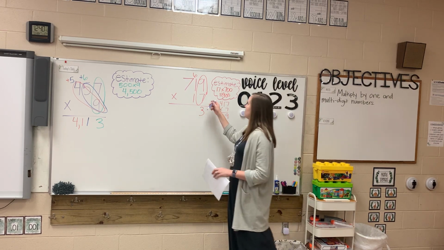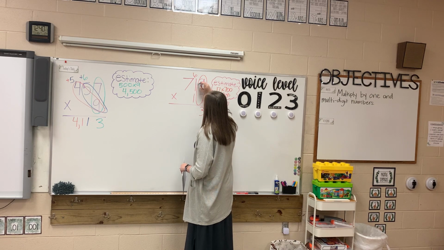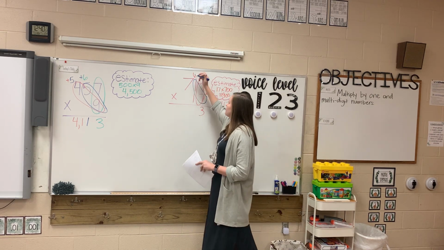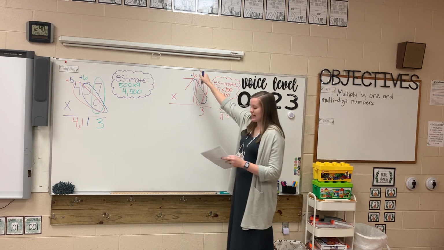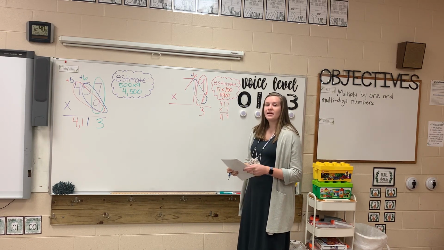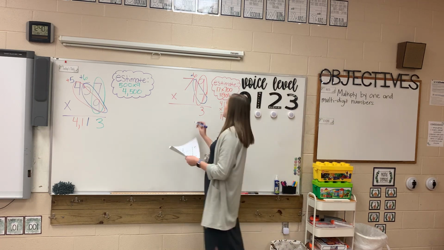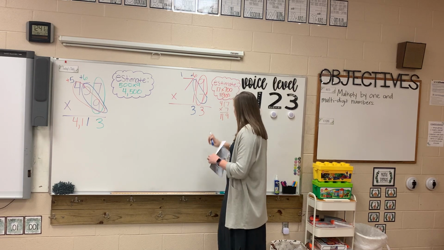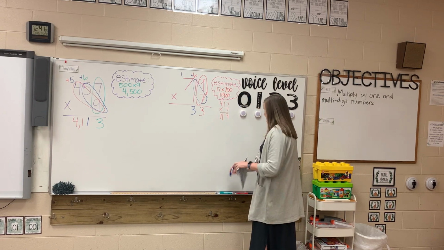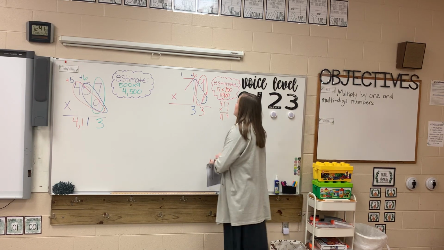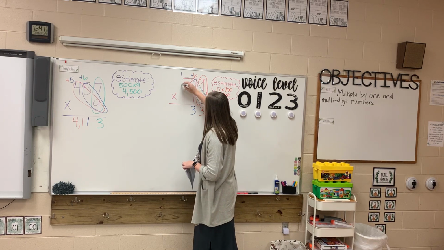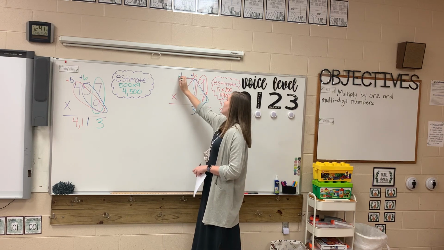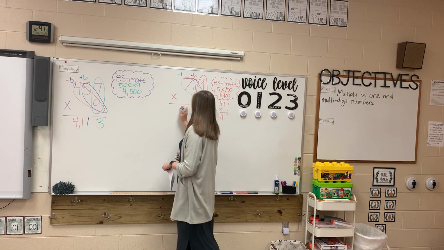So we have 7 ones times our 1 ten, which is 7, but don't forget, we have to add that 6. So 7 plus 6 is 13. Have our 3, carry that 1. Now we have 7 times 7. 7 times 7 is 49, plus our 1 gives us 50.